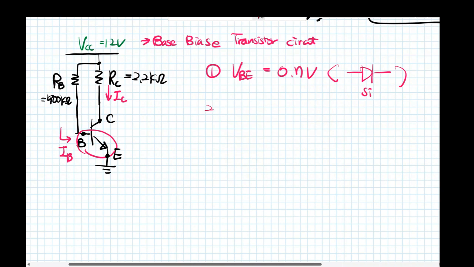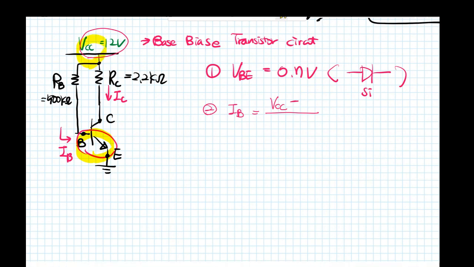All right, so the question two, what is the I sub B? V sub CC right there minus V sub BE, divided by what? The resistor for the base point.